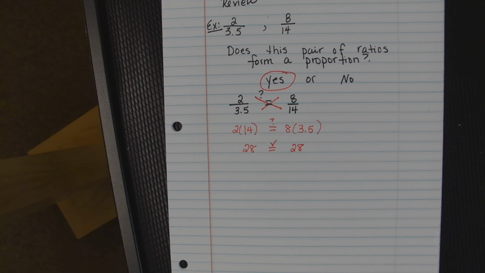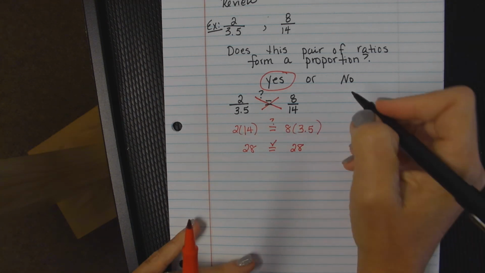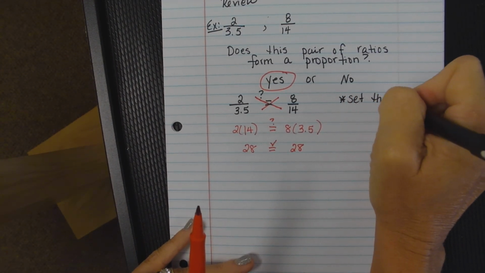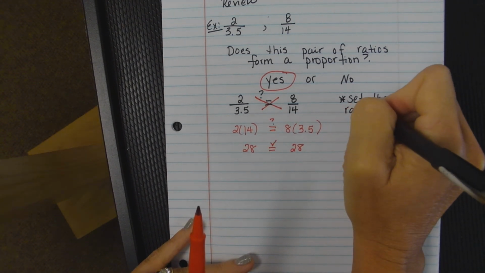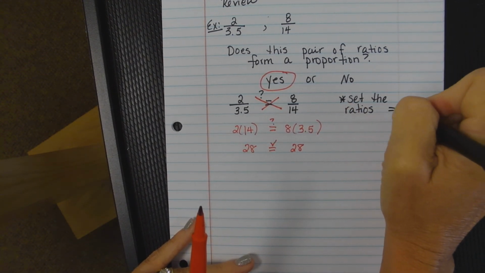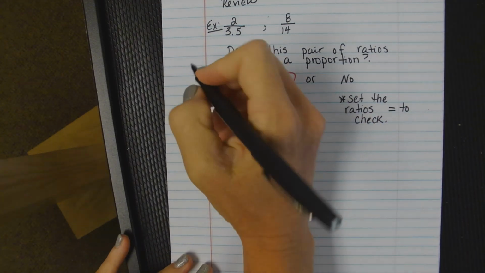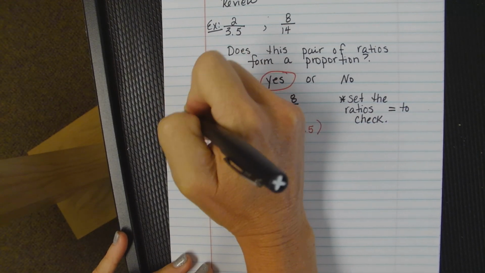You have two ratios. Is it a proportion? You set them equal. Let me write that down. Set the ratios equal to check. And how to check, you cross multiply.